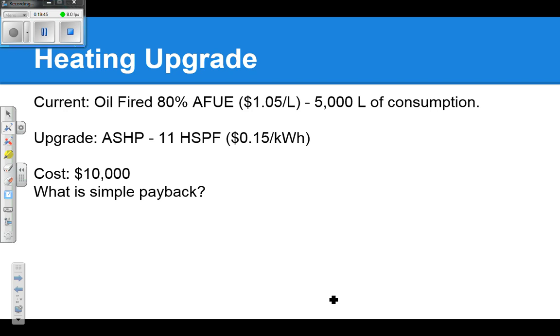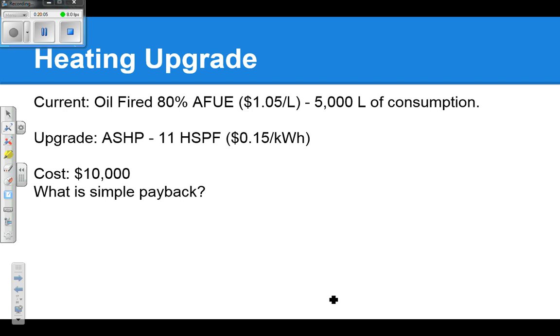Okay, so this goes way back to the fall when we did a whole bunch of this stuff, but I just want to make sure this still remains clear. So our current system is an oil-fired, 80% efficient system. We're going to upgrade to an air source heat pump, again with an HSPF of 11.